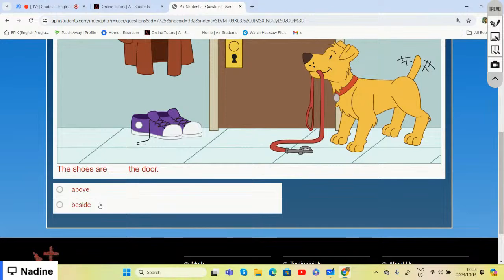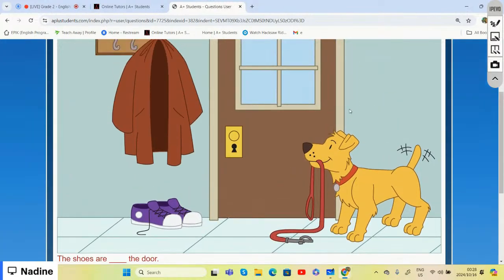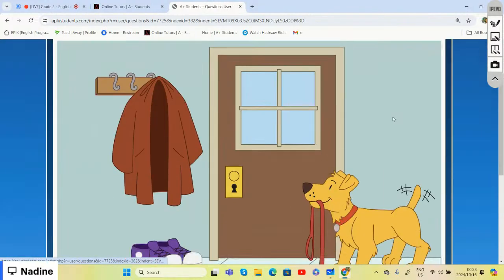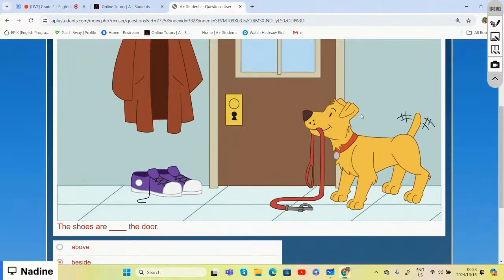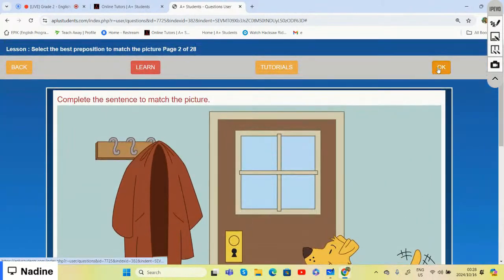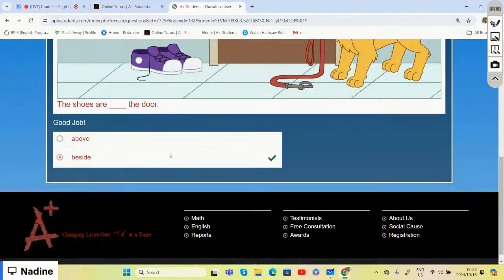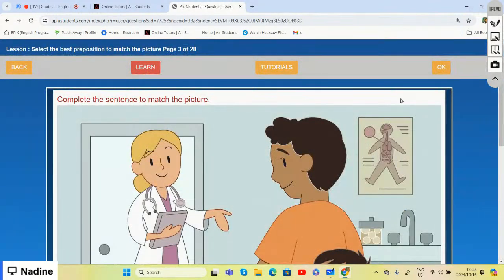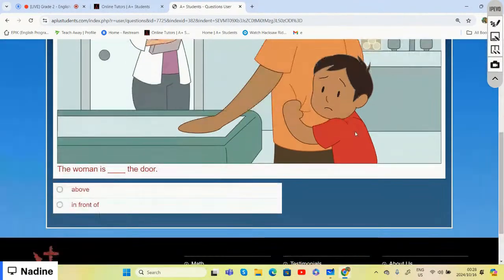If we were to say where the shoes are, we can say it is beside the door, like next to the door. And beside is correct. Yes, well done. Beside is correct. Let's look at the next one.